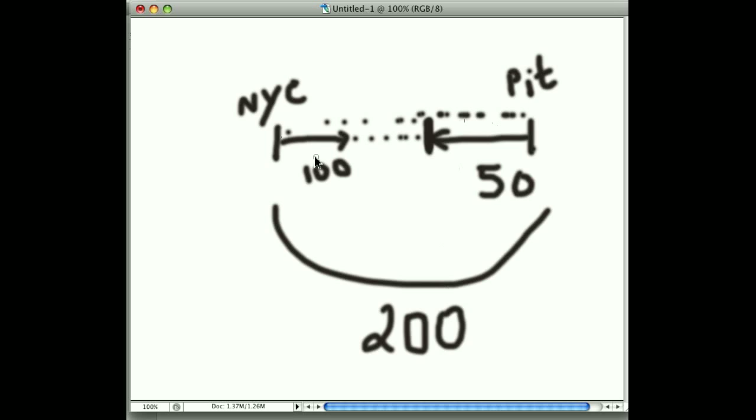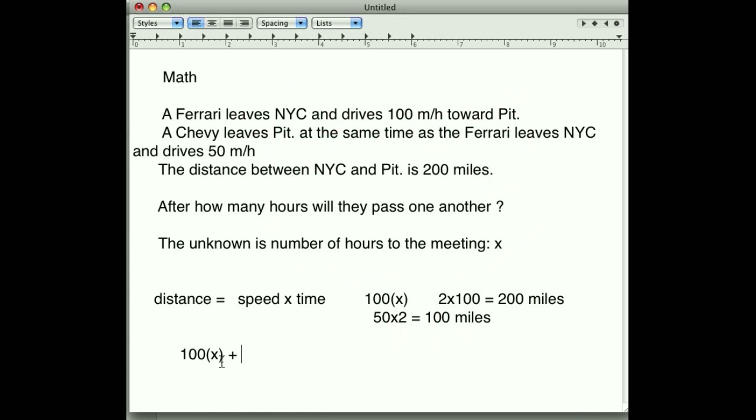And based on that, we can put an equation, because the distance that the Ferrari goes plus the distance that the Chevy goes in x, because x is the number of hours before they pass each other, will give us the total distance between the two cities, which is 200.